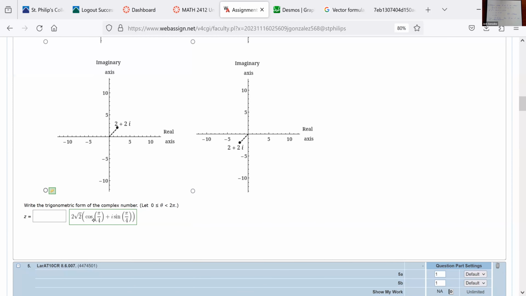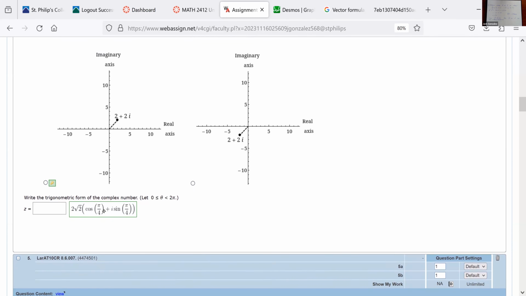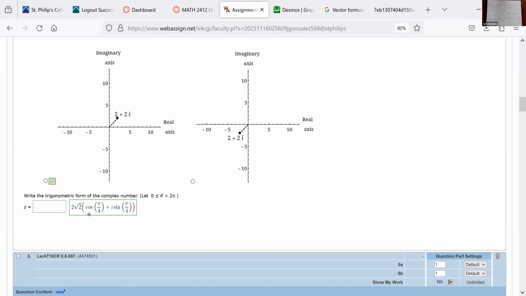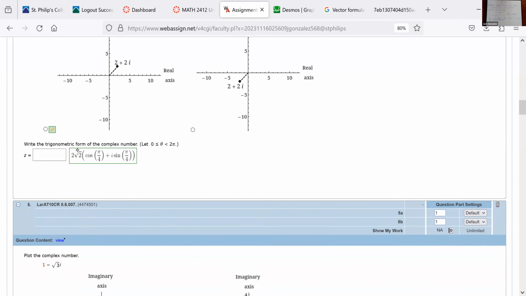Now, this part is a little harder, changing from a complex number to a trig form. We'll have probably to do that on the paper in a second.